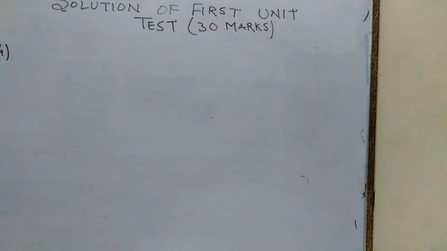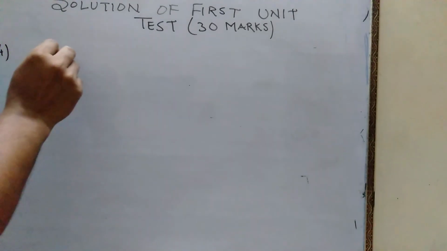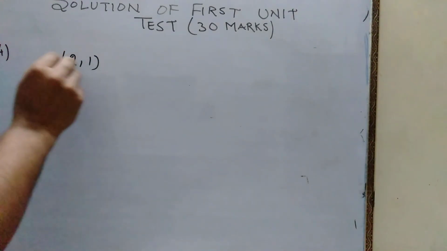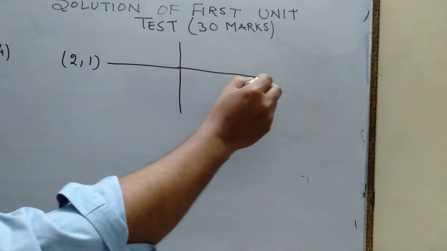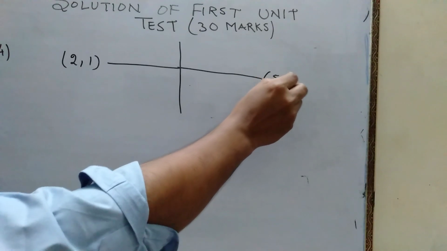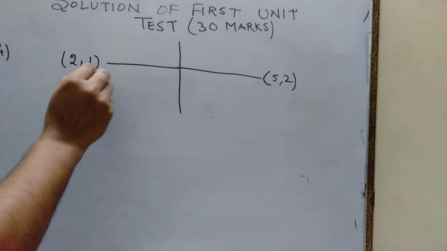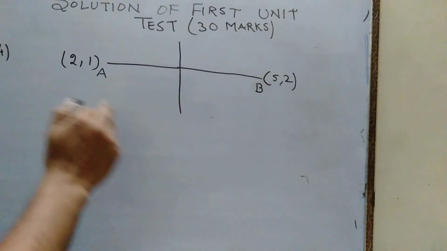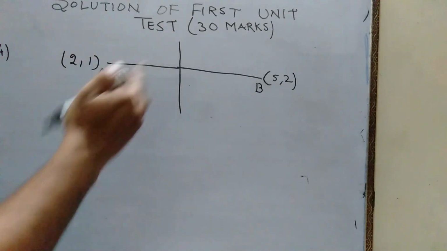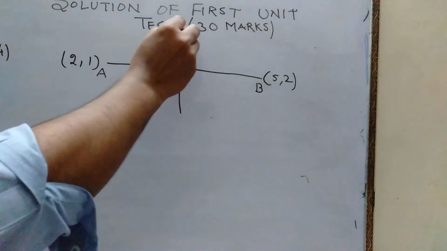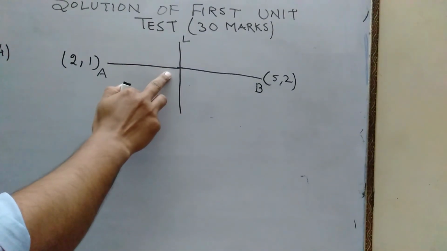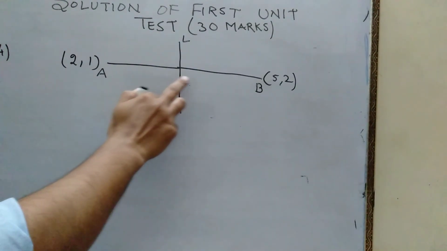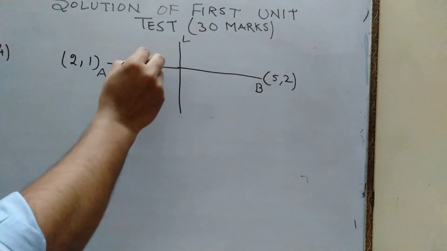Question number 4. The image of point 2, 1 along a mirror line is 5, 2. So let these 2 points be A and B, and they are reflected along the mirror line, name it L. The distance of the object from the mirror and the distance of the image from the mirror will be the same.